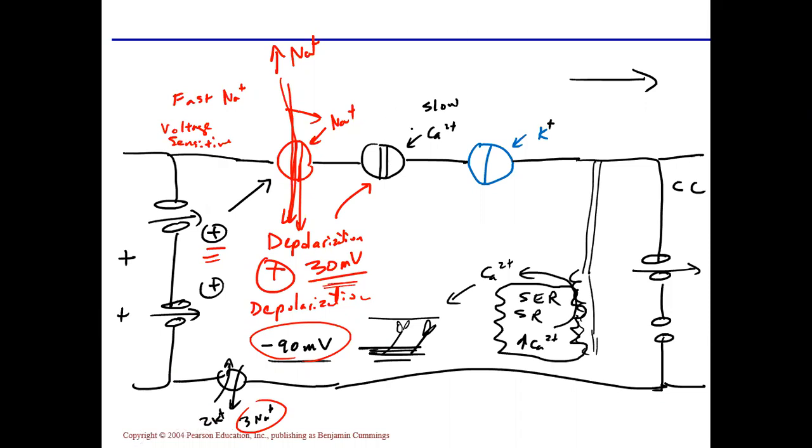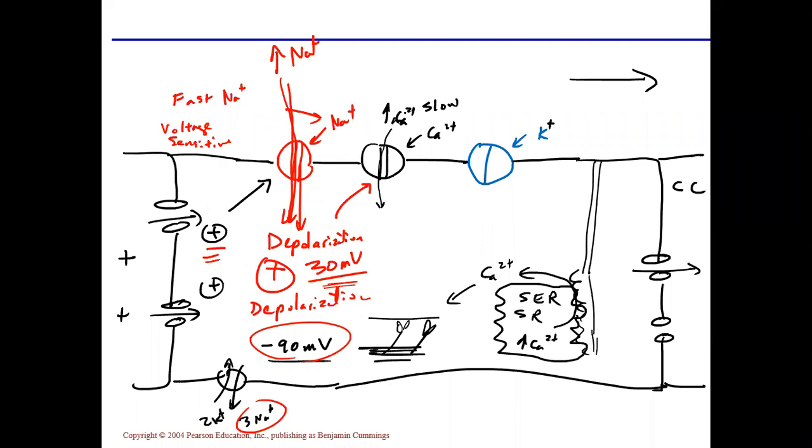Now, influx, that means there's a higher calcium outside. They're going to go in, all right? But they're not going to go rushing or anything like that. A little bit of it is going to come in, all right? And it's going to keep the cell still depolarized.